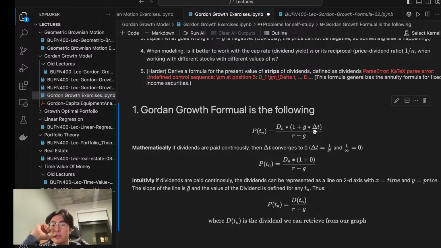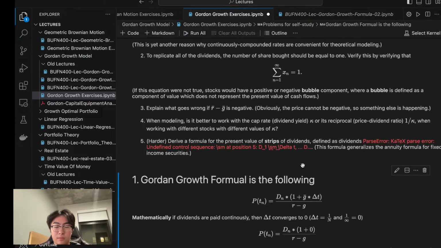I believe that's the only condition we really need. And so mathematically, if dividends are paid continuously, then delta t converges to 0. Okay. So delta t is equal to 1 over n. Intuitively, so p of t is equal to delta t.